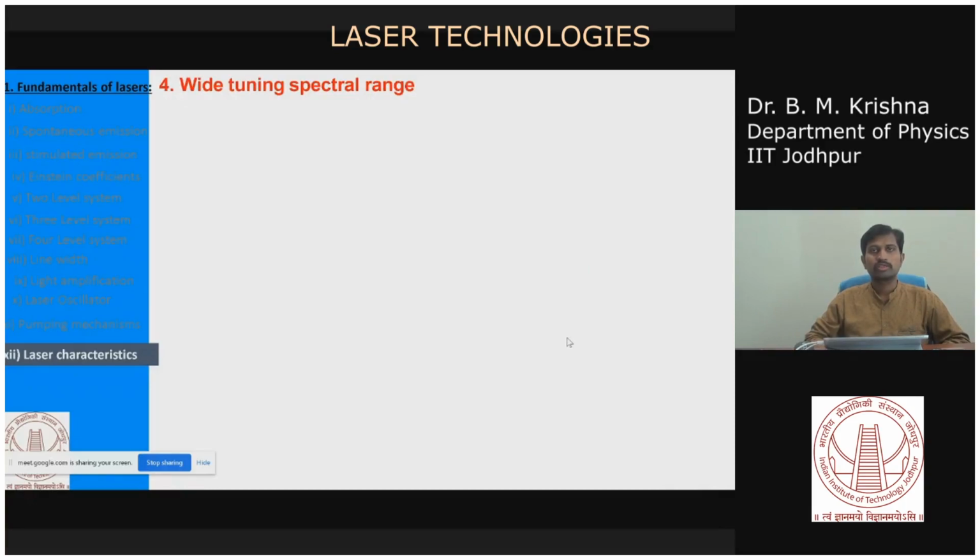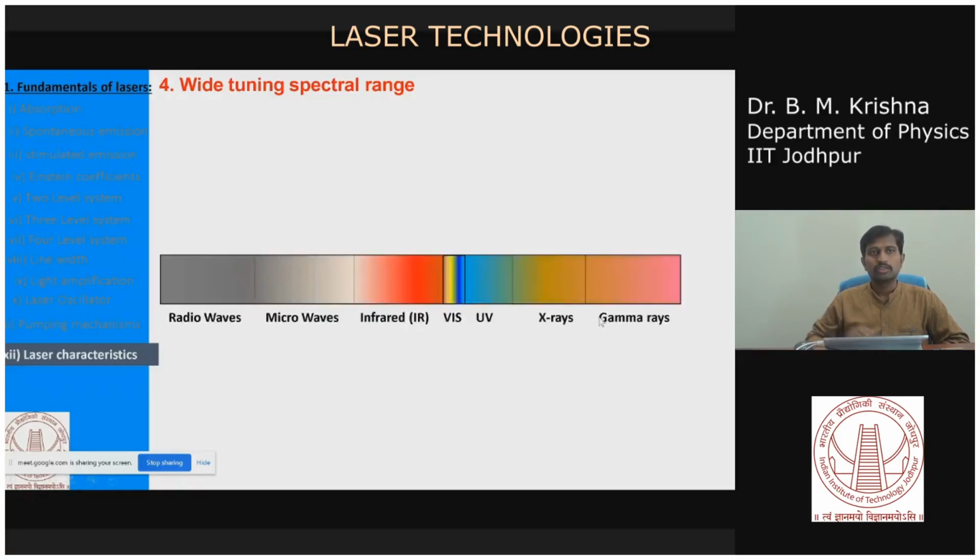So now we will discuss the advantages of lasers. They give a wide tuning spectral range and also a huge spectral coverage. Okay, so now we see this is the spectrum of electromagnetic radiation.